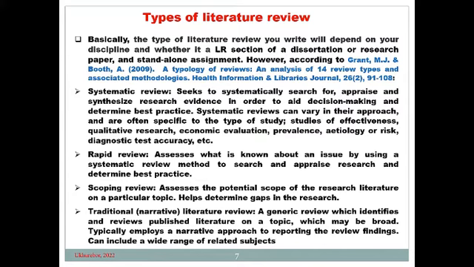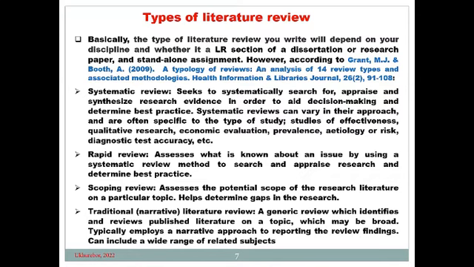They talked about systematic literature review. What does this kind of literature review do? It seeks to systematically search for, appraise, and synthesize research evidence in order to aid decision making and determine the best practice. That is a systematic review.